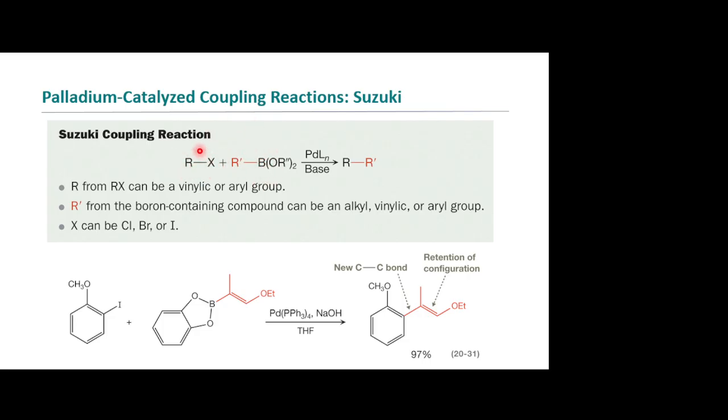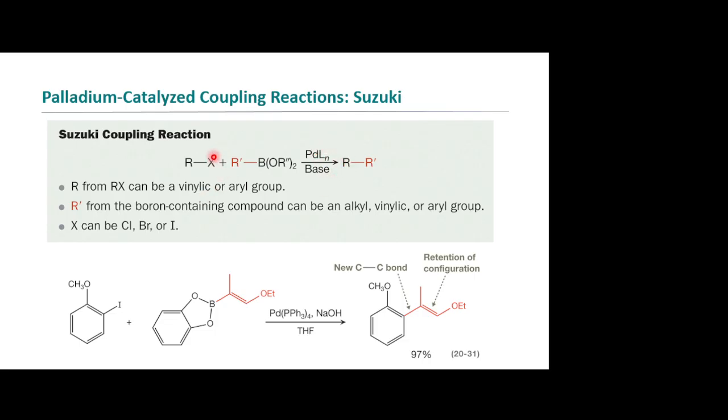This group here can be vinylic or aryl. It can't be anything like the previous examples, though. It can't be an alkyl group. It can be aryl or vinylic. This one right here, this can be an alkyl, this can be vinylic, or this can be aryl. Any of those will work here.